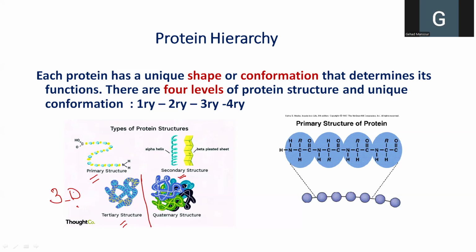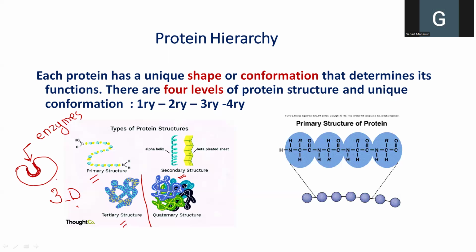And once it is three-dimensional, it has a particular 3D shape in space. And therefore, you can have, for example, concavities or depressions on the surface of the molecule, like we saw, for example, in our study of enzymes, when we saw that this depression was the active site of the enzyme.